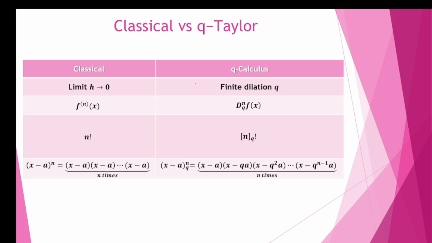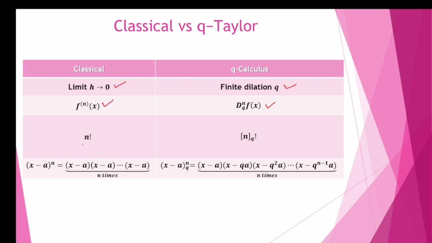Now if you summarize, what is the difference between classical and Q calculus? First, in classical calculus we take h tends to 0, and in Q calculus it is a finite dilation about q. In classical form we find the nth derivative, and in Q calculus we find the nth quantum derivative of a function.